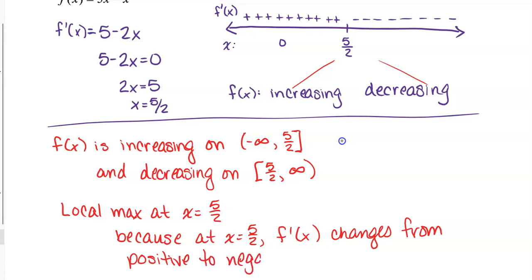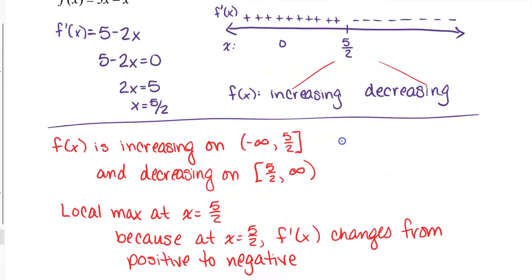And we know that if the derivative changes from positive to negative, that means the function is changing from increasing to decreasing, and that is basically the definition of a local maximum. So this is how we would write up in a more formal way our answer to a question like that.